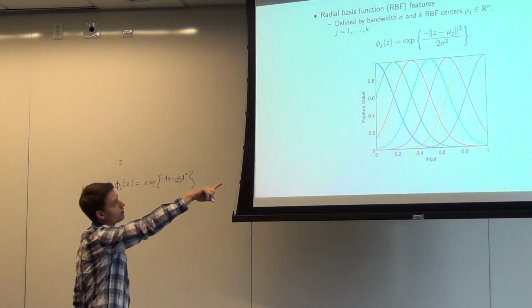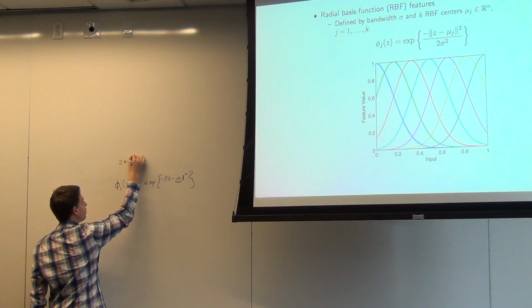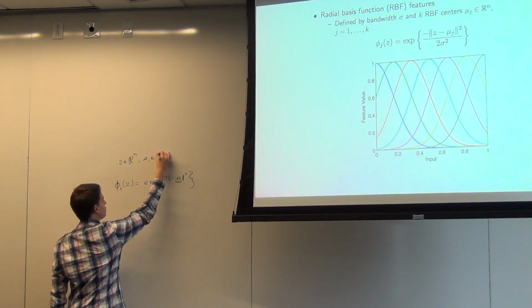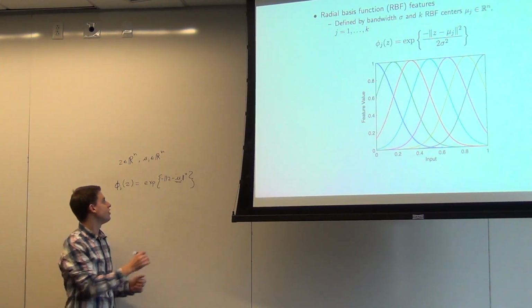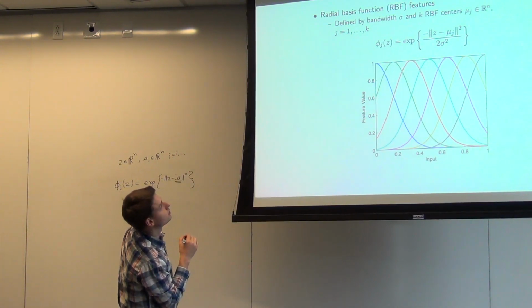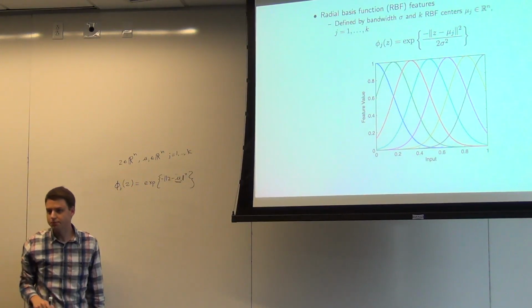I'm showing it here for one dimension, but this is a general formula for any number of dimensions. So in general, z is in Rn, and mu j is also in Rn. Okay? So mu j, and j goes from 1 to k, because there are k different basis functions here.